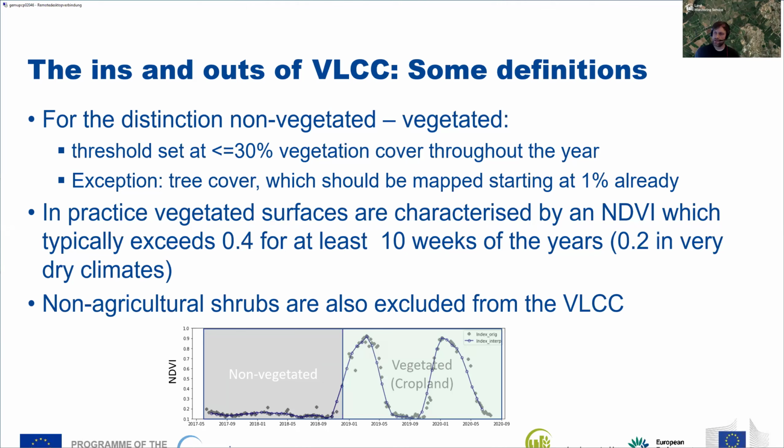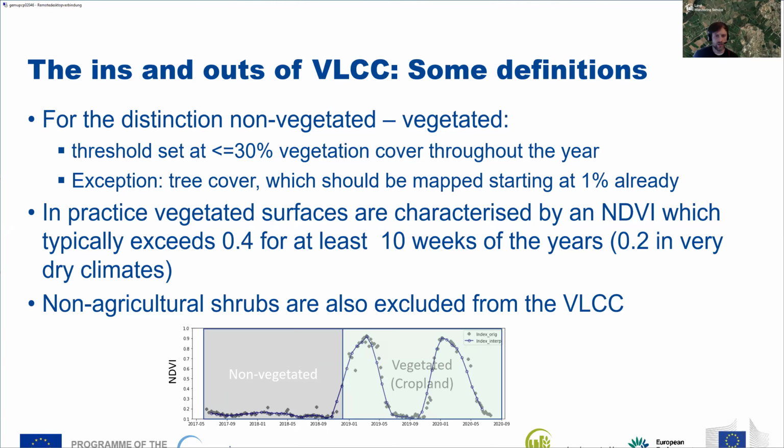This threshold has to be met for at least 10 weeks throughout the year, so that this specific pixel gets considered as vegetated. In dry areas like the Mediterranean or in Turkey, this threshold is lowered to 0.2 to adapt to the given local characteristics in these dry climates.